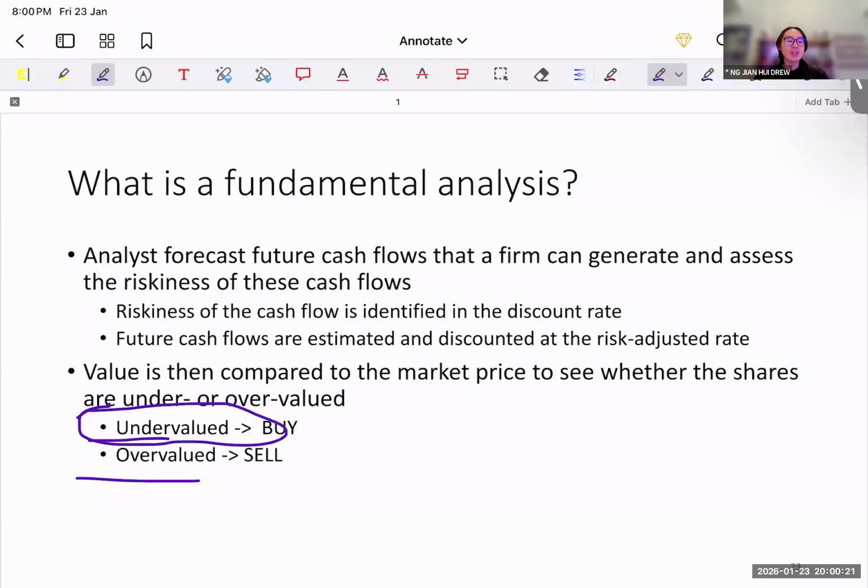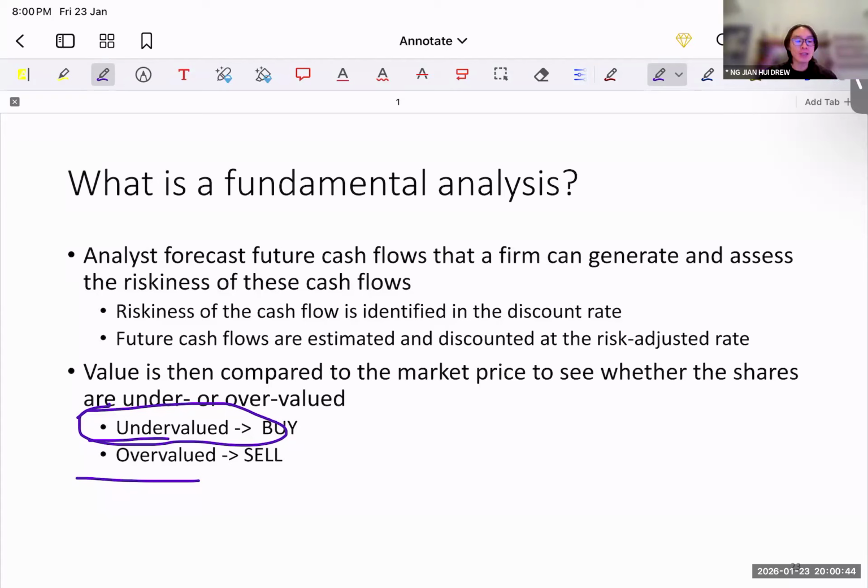In your valuation, we need to consider both the numerator and the denominator, right? So when we do your forecasting of, let's say, cash flow, your profitability, etc., that is on the numerator, right? You're forecasting the cash flows, you're forecasting the income that the company is going to make. So that's the top, the numerator.